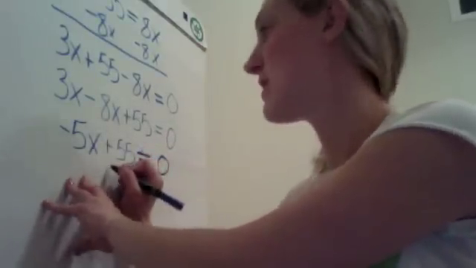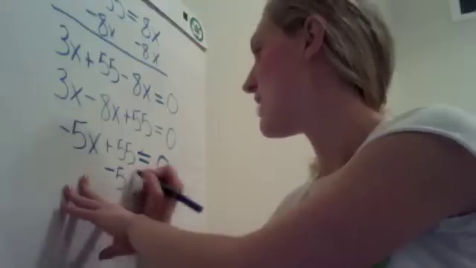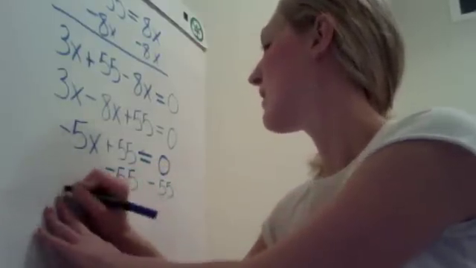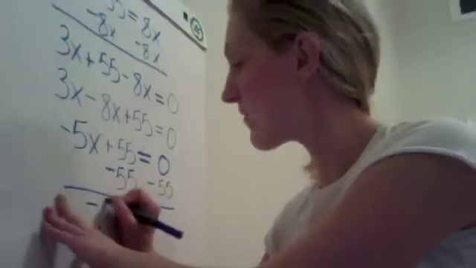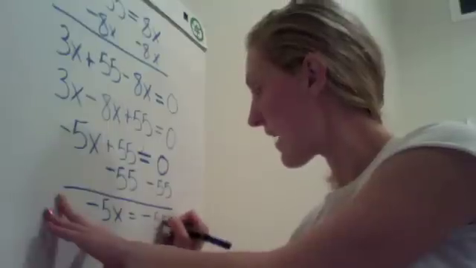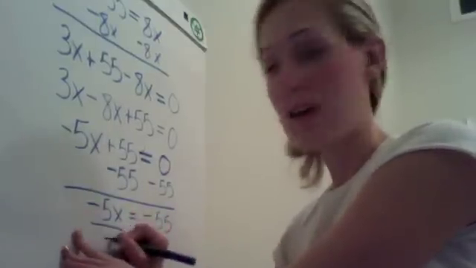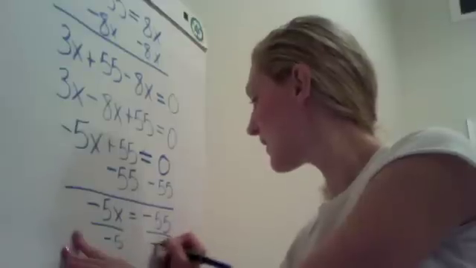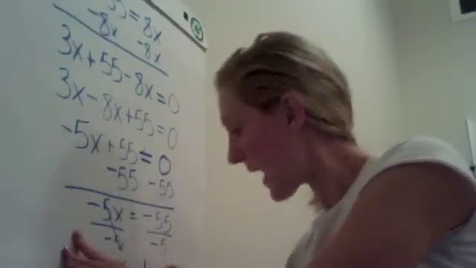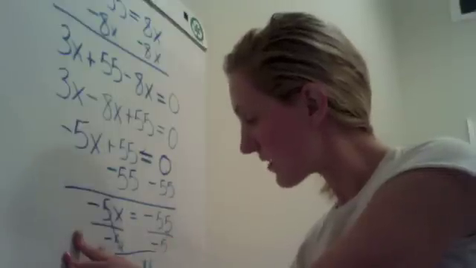At this point, I'm just going to solve it as a regular two-step equation by subtracting 55, giving me negative 5x equals negative 55. I'll divide by negative 5, giving me x equals positive 11.